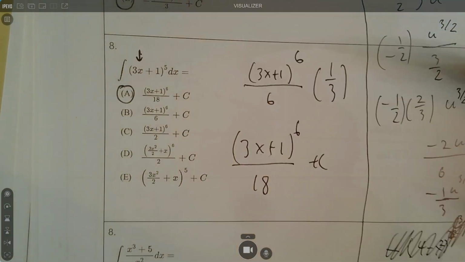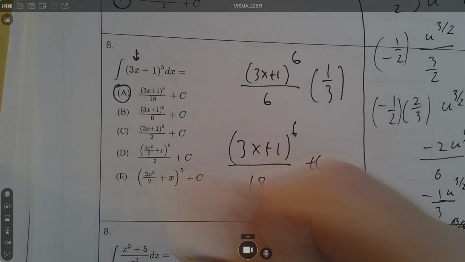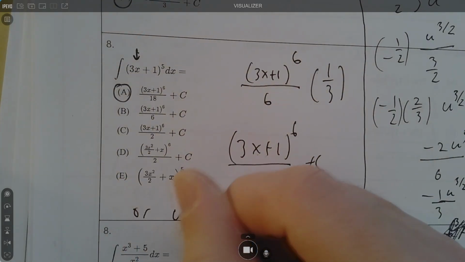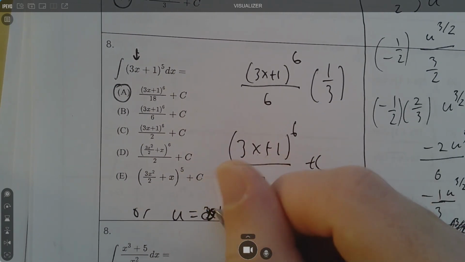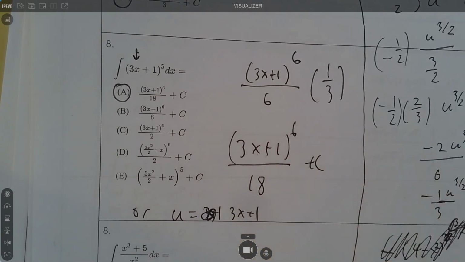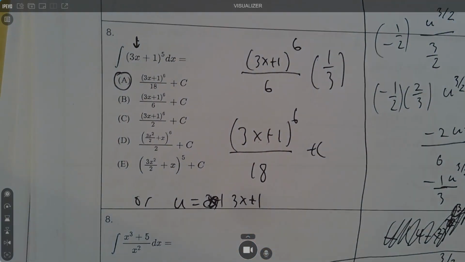So it's A. Okay. If you were like, I don't get that, you can do a u sub here. You could do u equals 3x plus 1, and then solve that and use that, right?